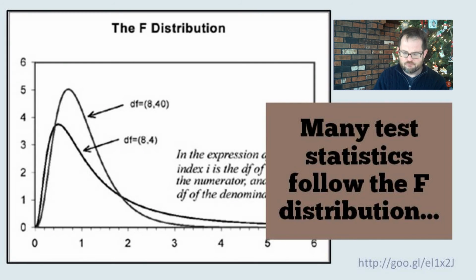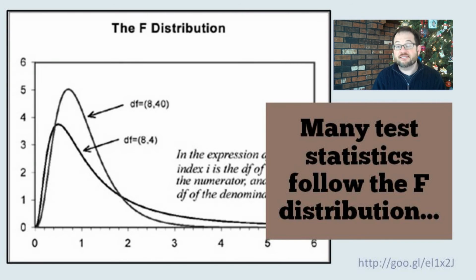Okay, we aren't going to do F tests in this class. We're not going to do chi-square tests, but these are terms that you hear in your studies, and so I wanted to at least get you to understand they're all variations on this idea. You've developed a test statistic. Under the null hypothesis, it should be distributed in a certain way, kind of bell-shaped or kind of tailing off to infinity in one direction, but it's a distribution.